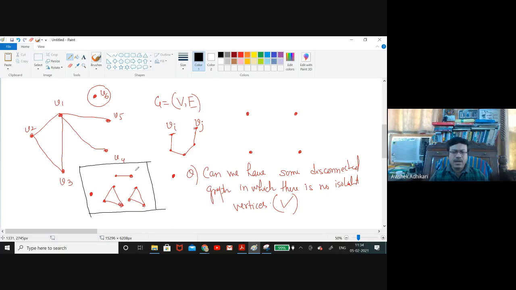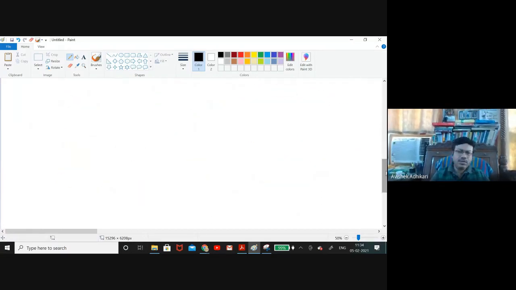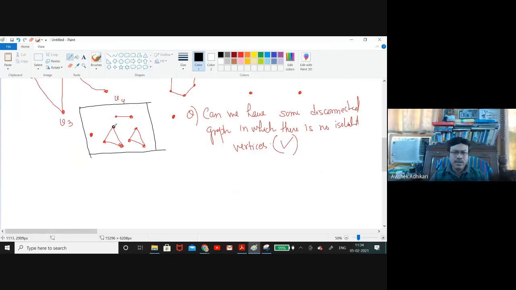That means inside any graph, we can always break that graph into disjoint components. So what does it mean? Component. For example, suppose you take this graph.